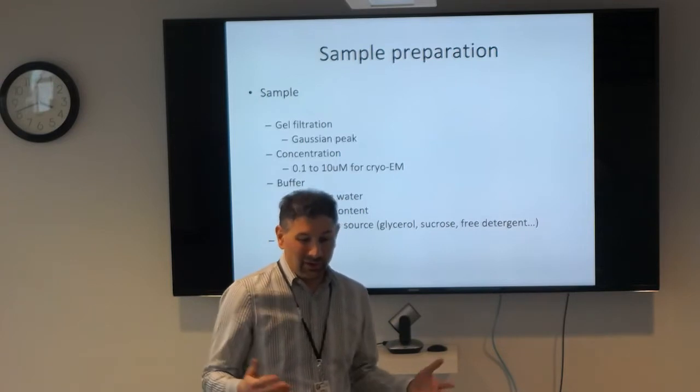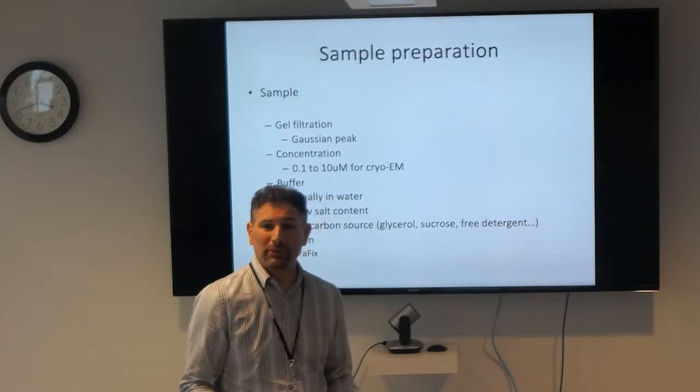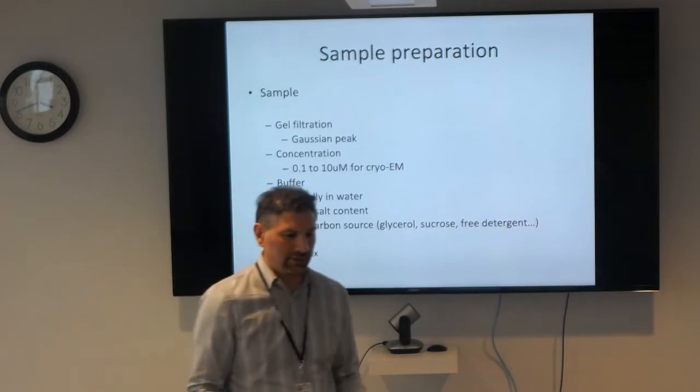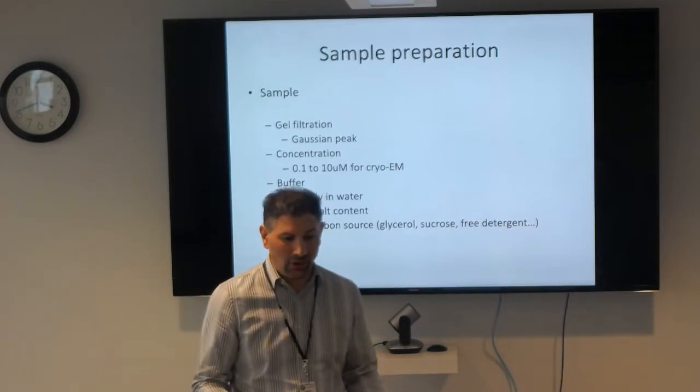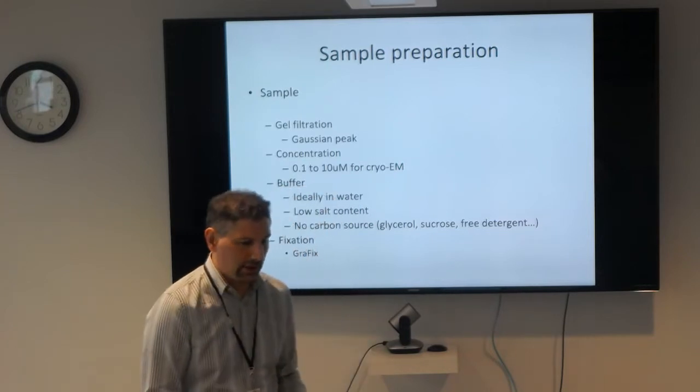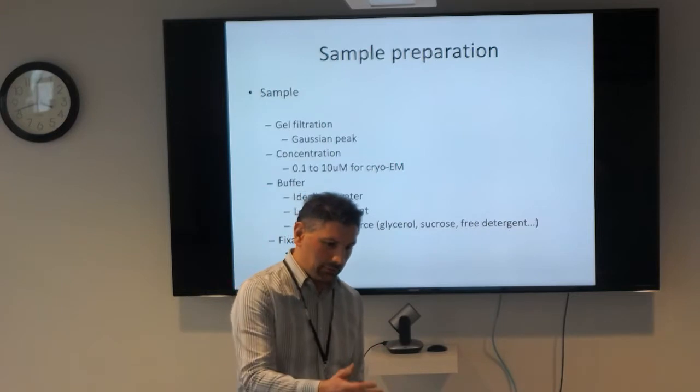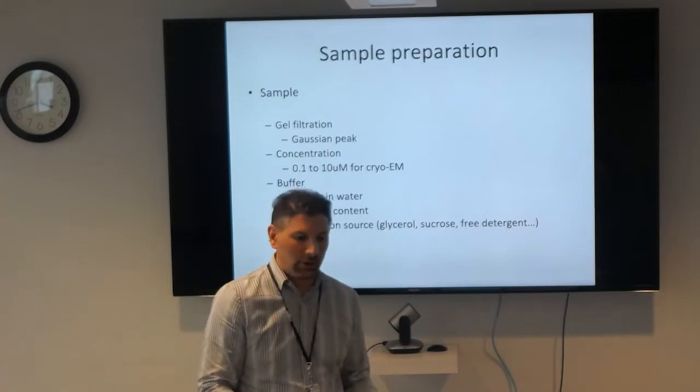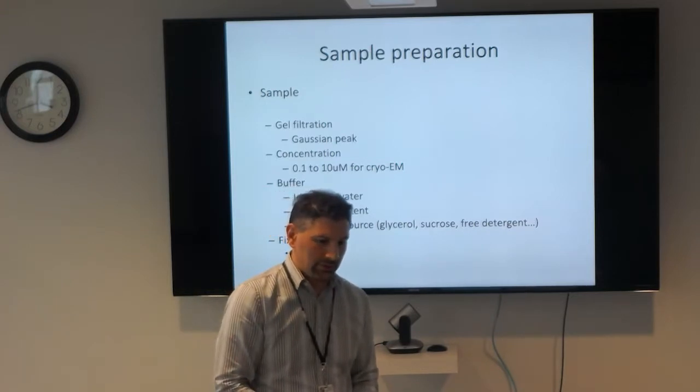And a lot of proteins don't like being in water. They want some sort of solute present, maybe at the very minimum salt. Some like neutral pH, some like alkaline, others like acidic pH. So you have to identify these as you're preparing your sample, and see what works best.